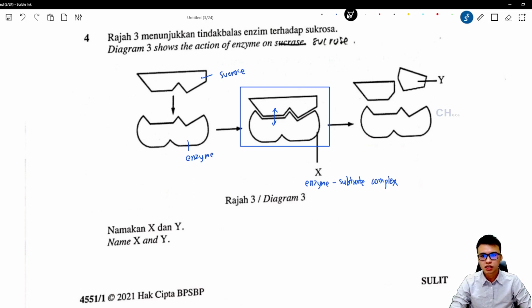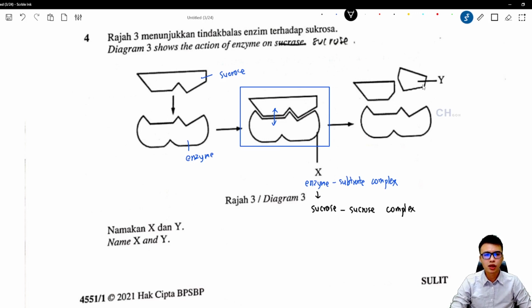So let's say the enzyme is trying to digest the sucrose, then the enzyme should be the sucrase. If the substrate is sucrose, then the substrate will be sucrose. We can call it this name, or we can call it an enzyme substrate complex.